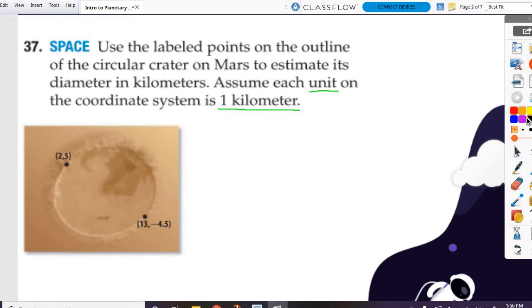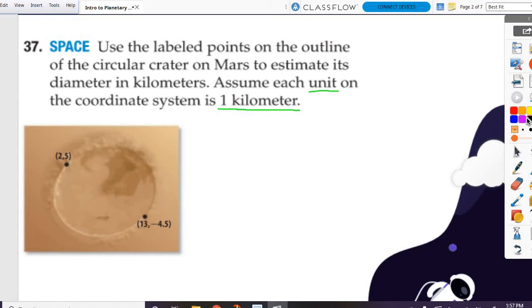You can also use scientific notation like we've been talking about in physics. But for some of the math equations, it's going to be a little bit easier if you don't have to worry about the scientific notation. So in that case, you would want to make your unit thousands of kilometers. But in this case, since we're just talking about a crater on Mars, we can go ahead and stick with the unit of 1 kilometer that they give us.